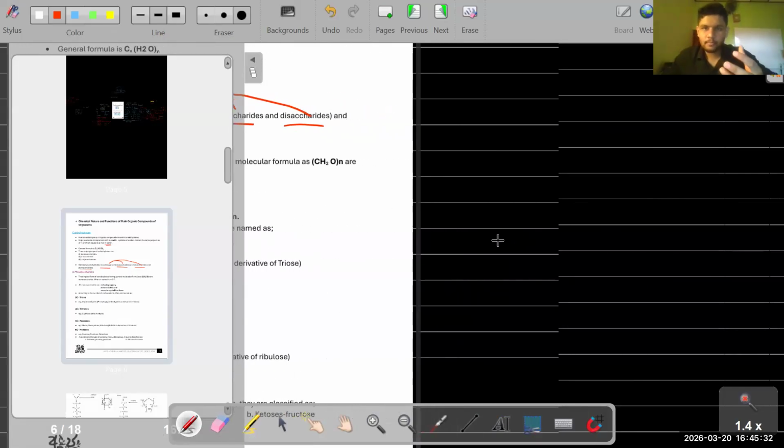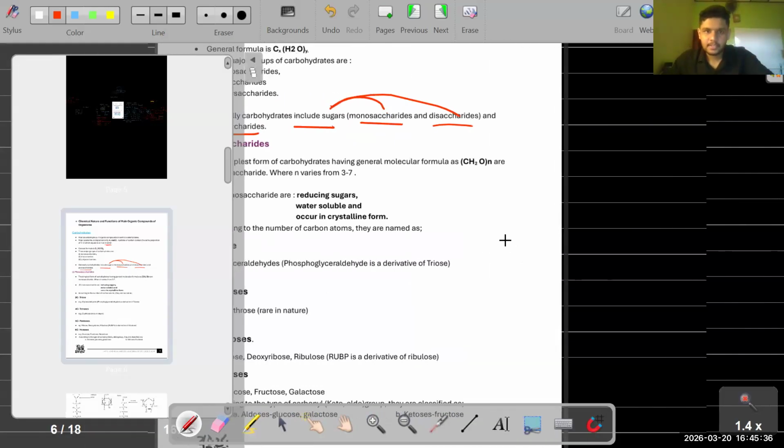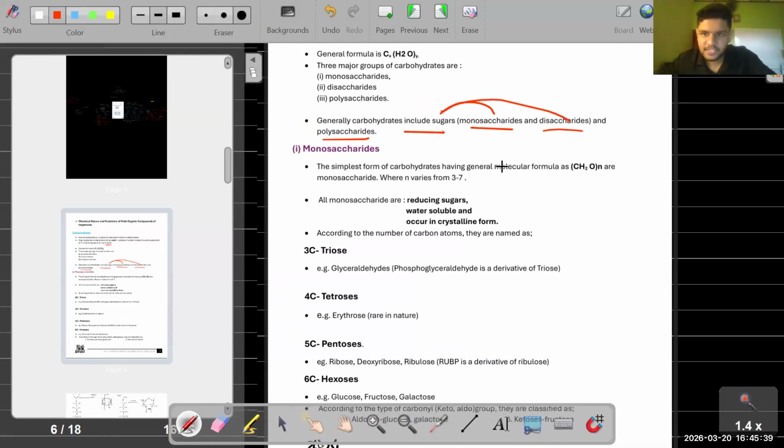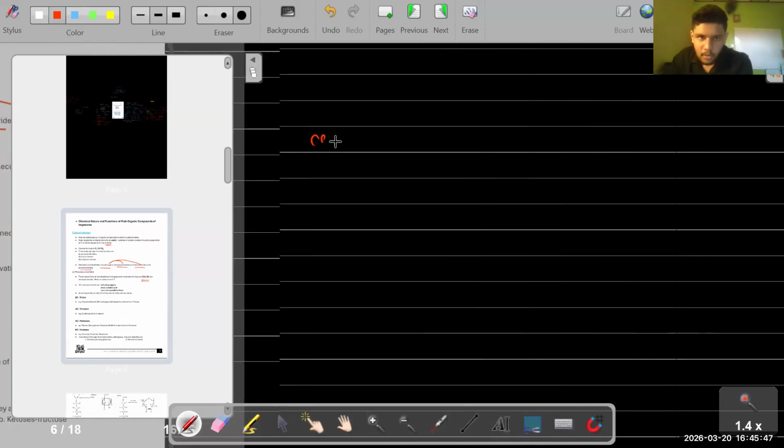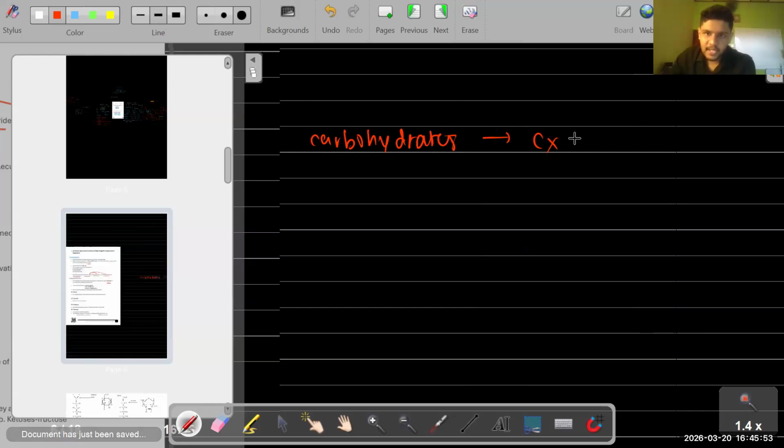carbohydrates, the simplest form of sugar is monosaccharide, right? So they have a generalized formula of CH2On. What is the general formula of carbohydrate? CxH2Oy. You should not confuse them. The general formula is CxH2Oy.